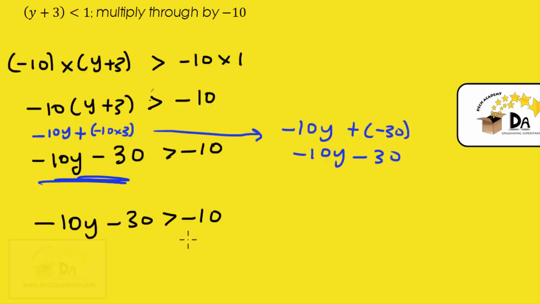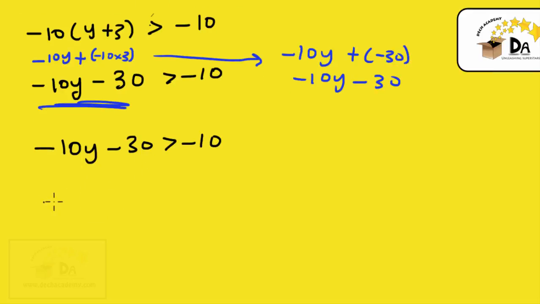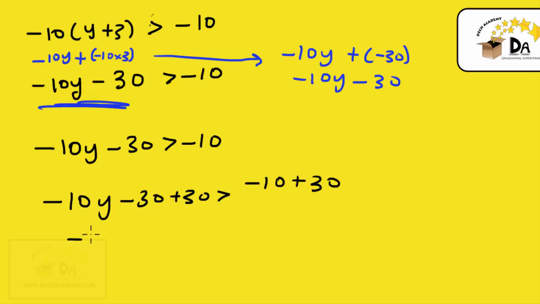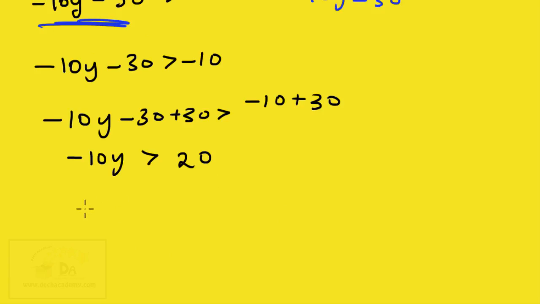I haven't simplified. I could simplify by adding 30 to both sides. Even though the question didn't ask us to, I could. I put all the numbers together. And this gives minus 10y. Minus 30 plus 30 is 0. So minus 10 plus 30 is 20. And I could divide through by minus 10.